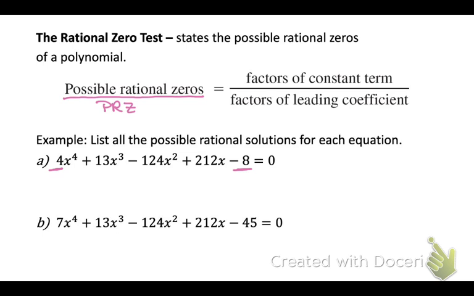The factors of 8 are plus or minus 1, plus or minus 2, plus or minus 4, and plus or minus 8, divided by the factors of 4, which are plus or minus 1, plus or minus 2, and plus or minus 4.